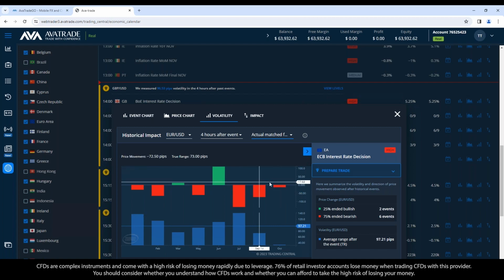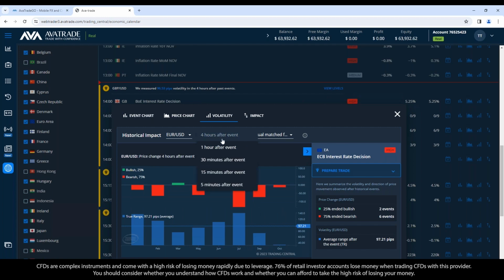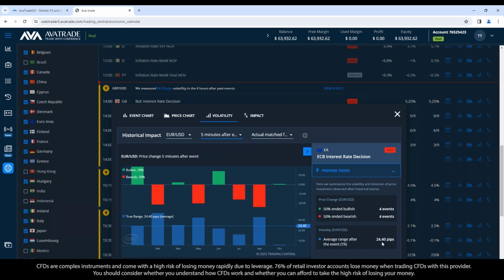Okay, so again, large statistical advantage, large range movement, near 100 pips after 4 hours. Within the first 5 minutes, only a 24 pip range movement. Half of them went up, half went down within only a 24 pip range in the first 5 minutes, so you can catch some nice high entry points. And after 4 hours, almost 100 pip range movement.